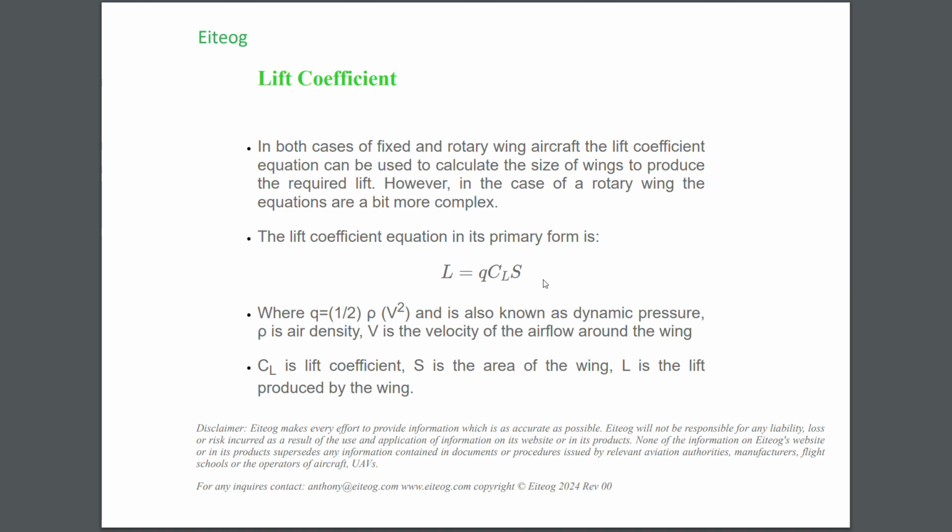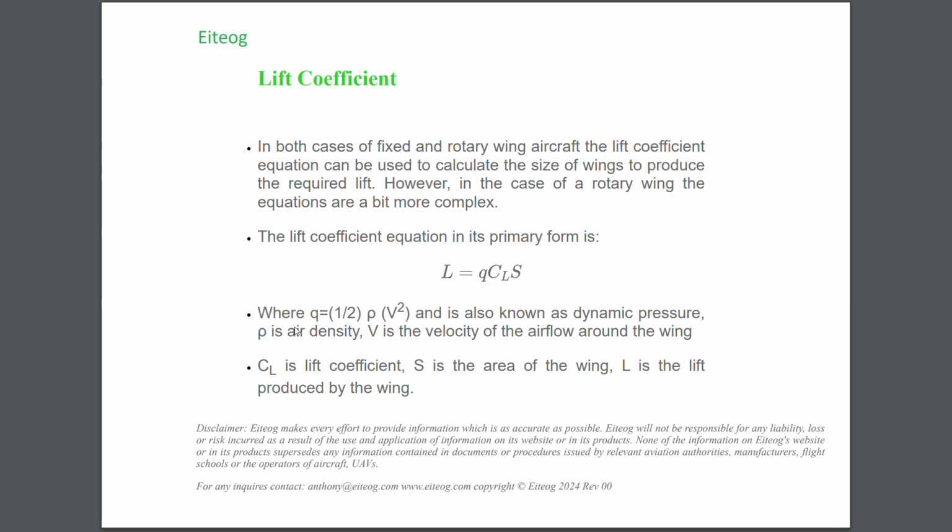Dynamic pressure is obviously pressure, so it's in pascals, or force per unit area. If you do a bit of evaluation, you'll see that lift divided by area gives you pascals, so the units cancel out, and lift coefficient is essentially a non-dimensional number or constant.